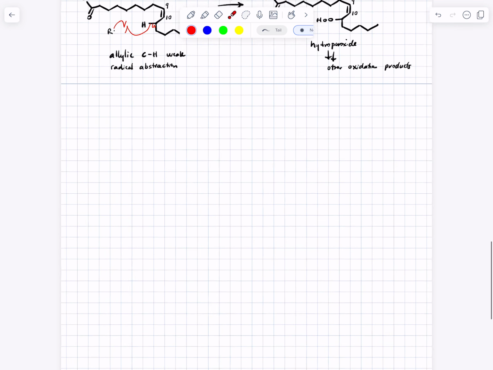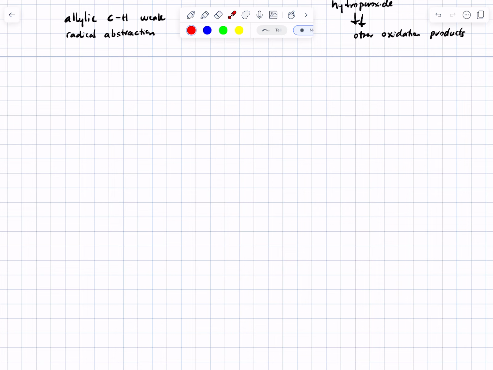All right, next on our list is basically a derivative of the triglycerides. These are called phospholipids, and phospholipids are like triglycerides, only one and only one of the esters has been hydrolyzed and replaced with something else.